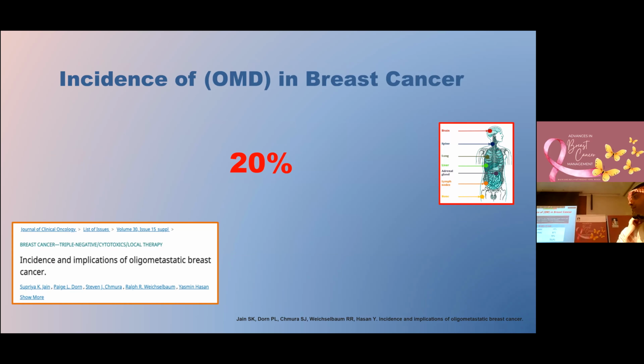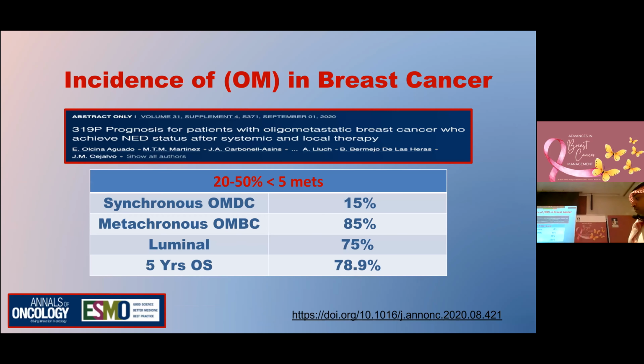This is an interesting paper published last year, 2020, in ESMO, and you can see since 2 decades, the data has been growing and the evidence is evolving for the oligometastatic disease. Now they are talking about even the subtypes and is it synchronous or metachronous oligometastases. This paper showed that the oligometastatic breast cancers range from 20 to 50%.